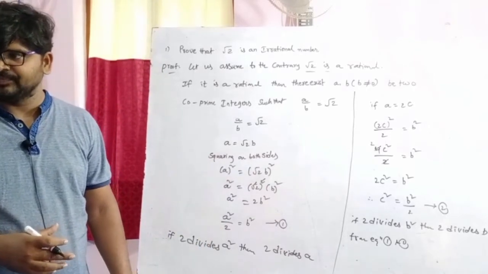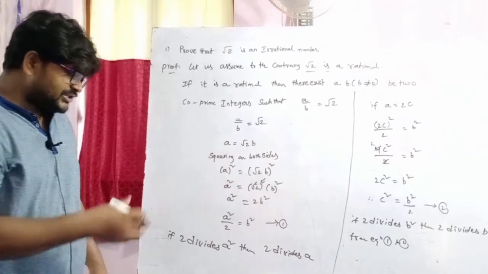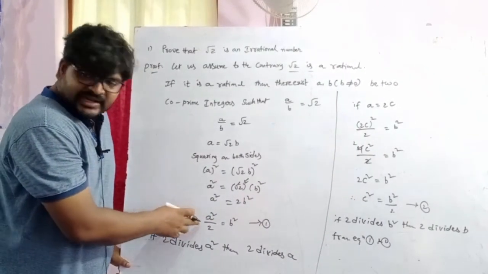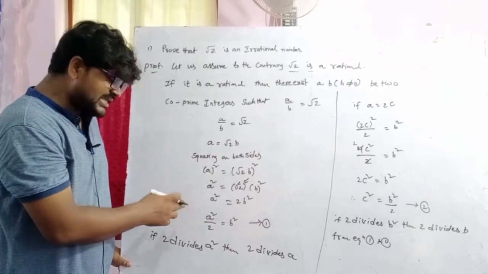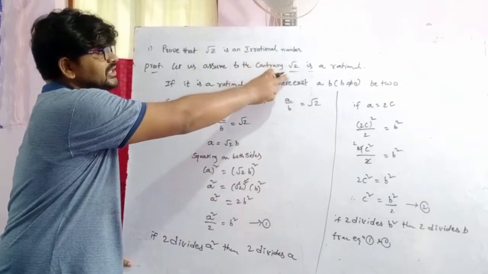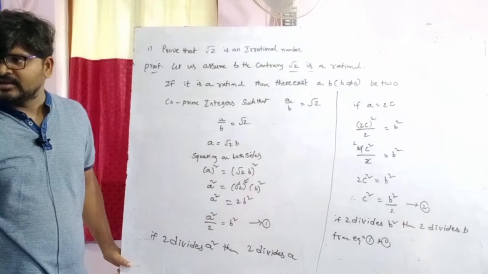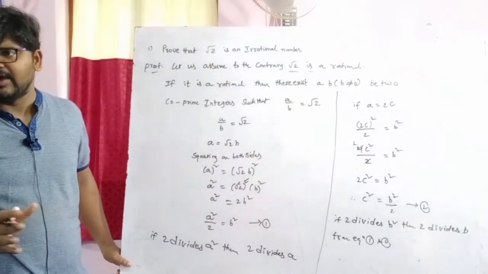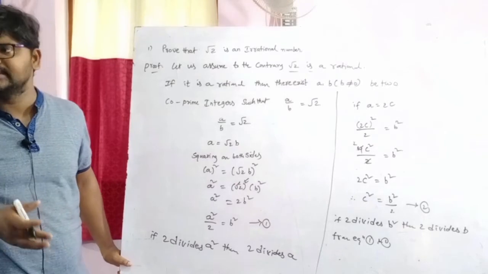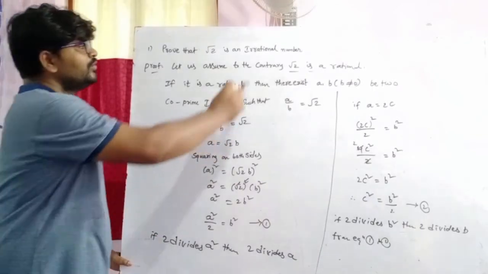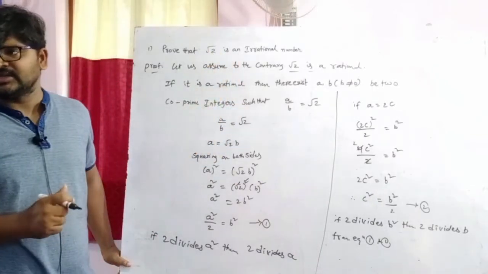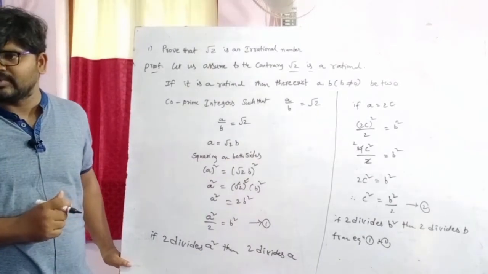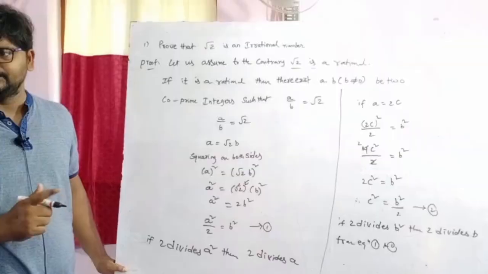But the contradiction arises because of assuming root 2 is a rational. Root 2 is a rational, but it is false. Our assumption is false. So root 2 is an irrational number. Hence proved. It's clear?